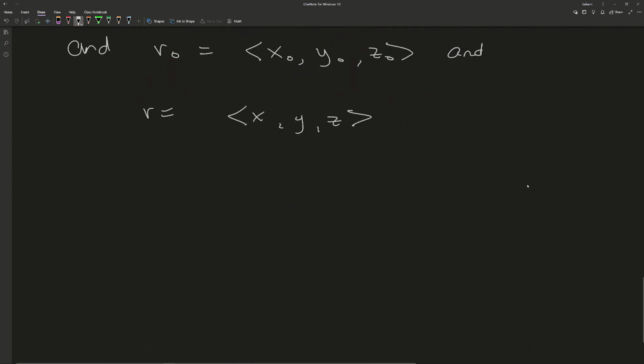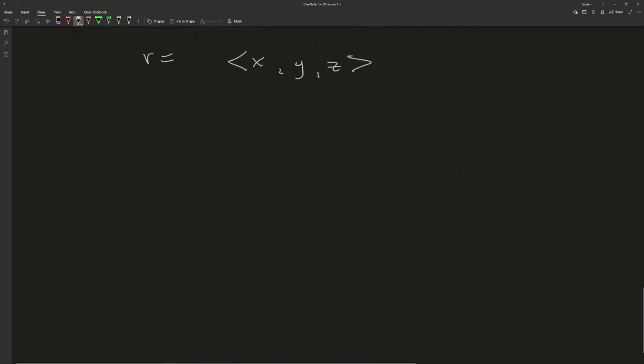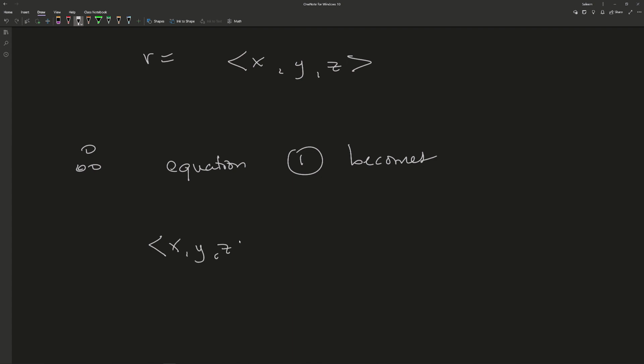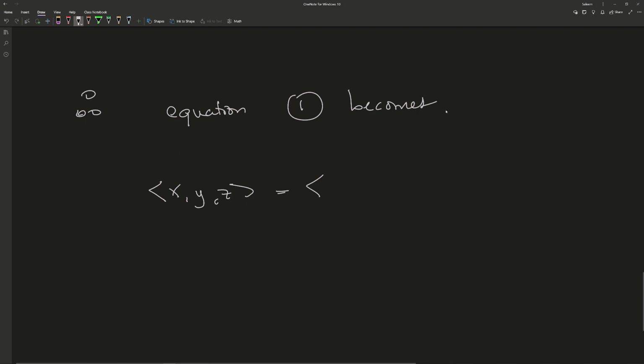So therefore, equation 1 becomes r, which is x, y, z, is equal to, well, we already combined the scalar inside here, so we'll just write x0 plus ta, or lambda a, y0 plus tb, z0 plus tc.